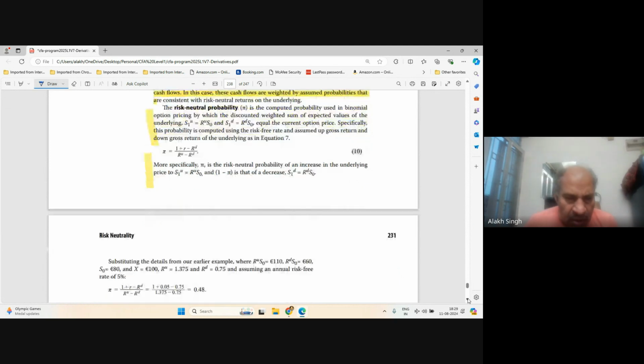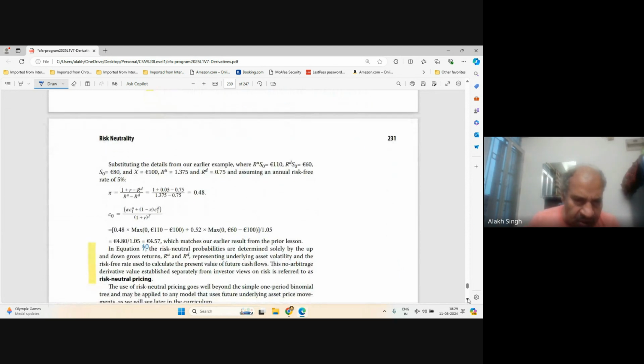So pi is 1 plus R minus RD divided by RU minus RD. That is the generalized formula of what we did for C1 minus C1U minus C1D divided by S1U minus S1D. It is in ratio, and S0 has been taken out common.